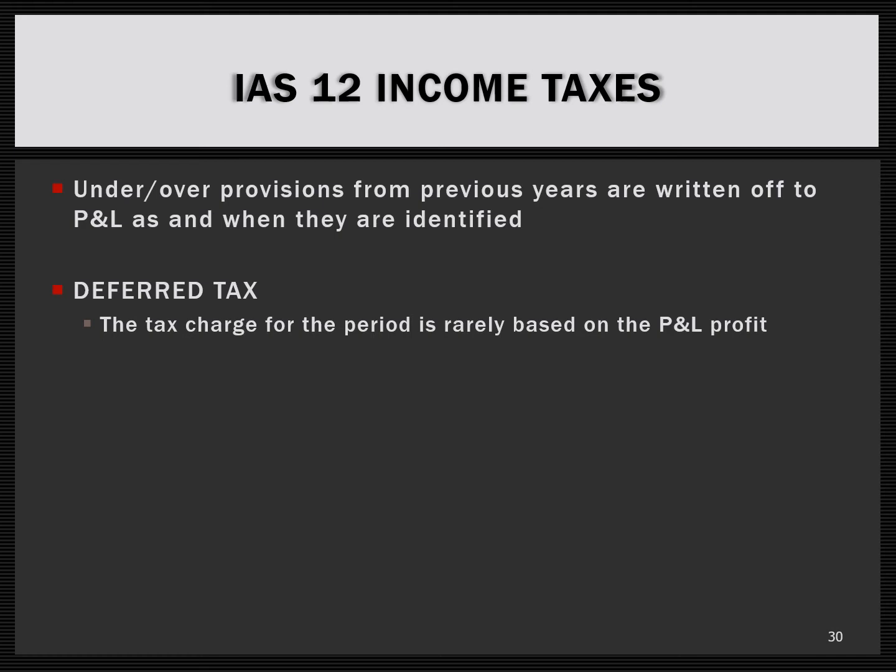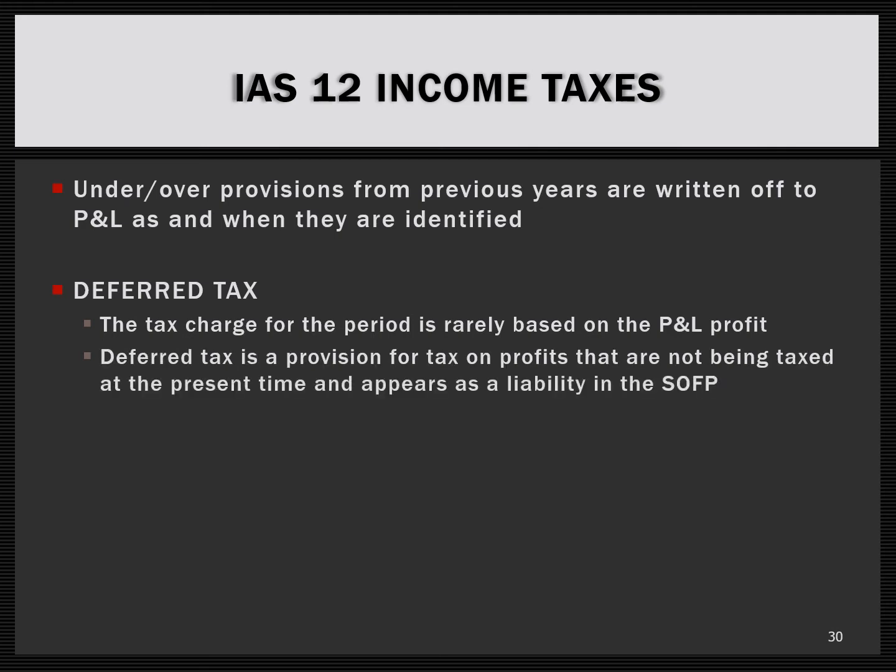And so companies will tend to put through a deferred tax charge, which represents the tax that will ultimately be payable on profits that are included in the accounts that aren't currently being taxed. That's really as much as you need to know about it for this exam.